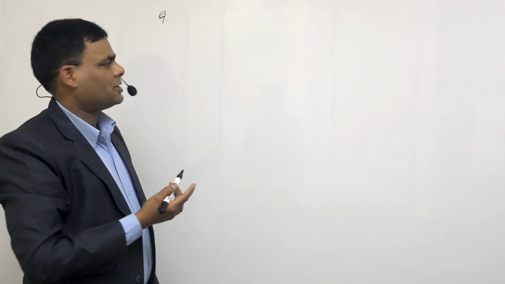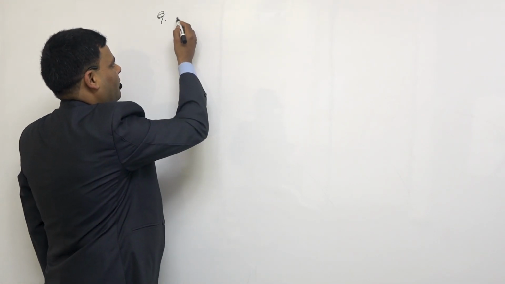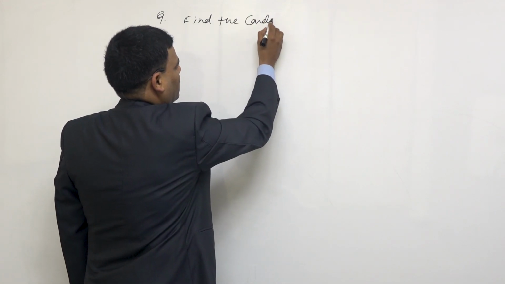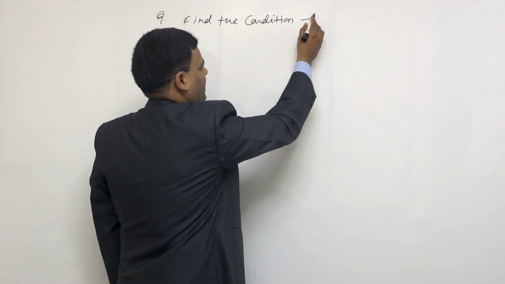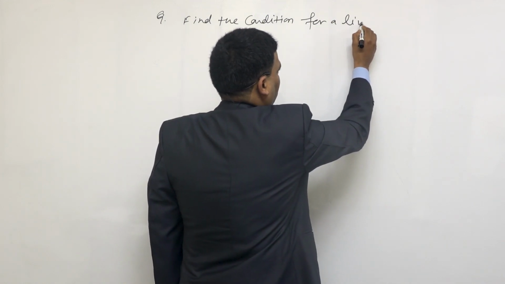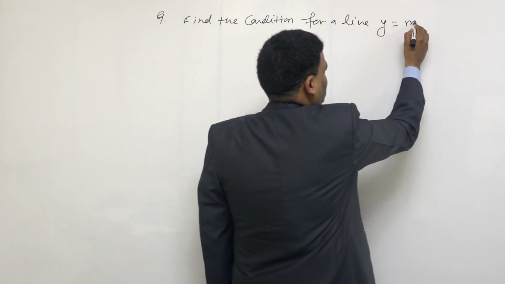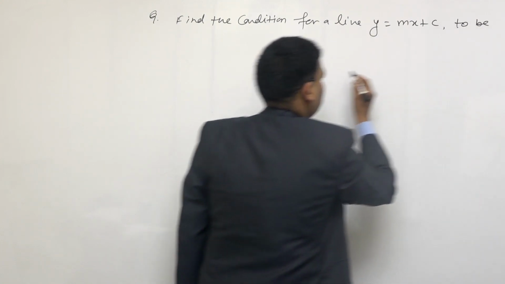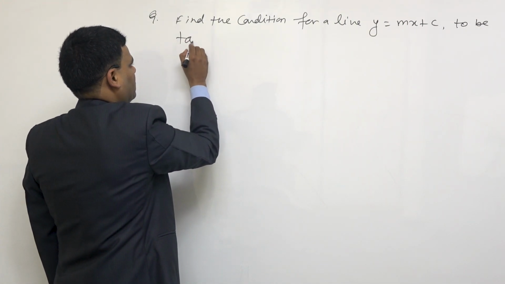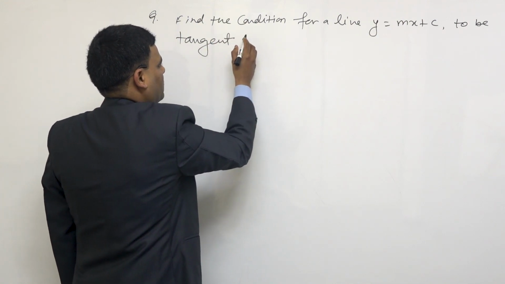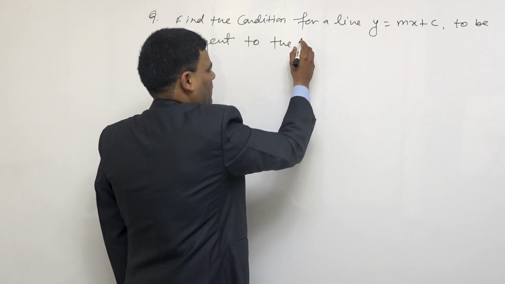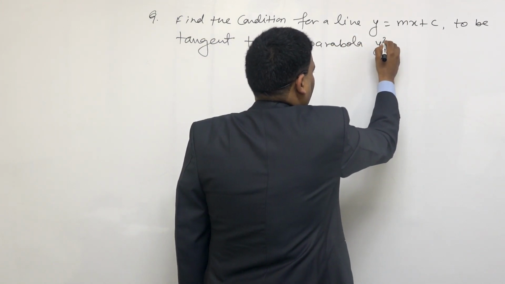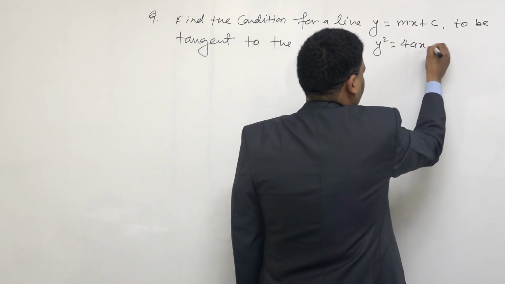Now we have another question. The question is that find the condition for a line y equals mx plus c to be tangent to the parabola y square equals 4x.